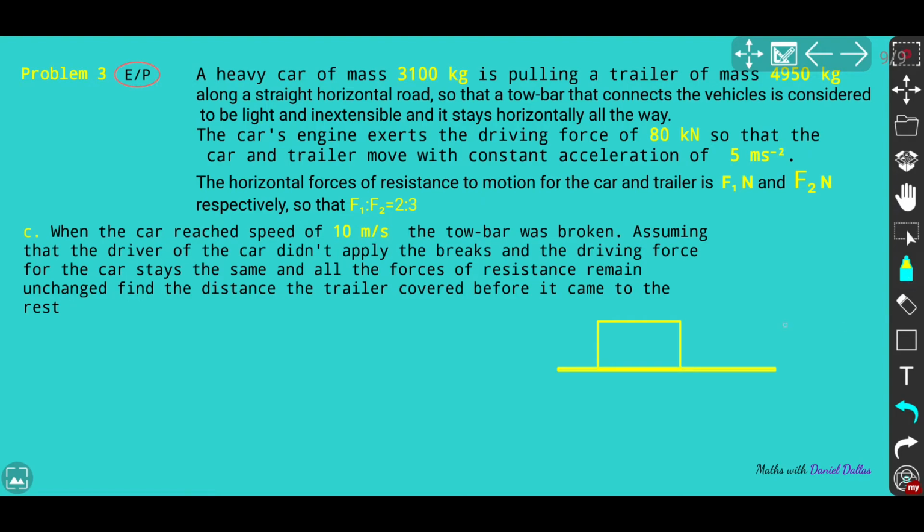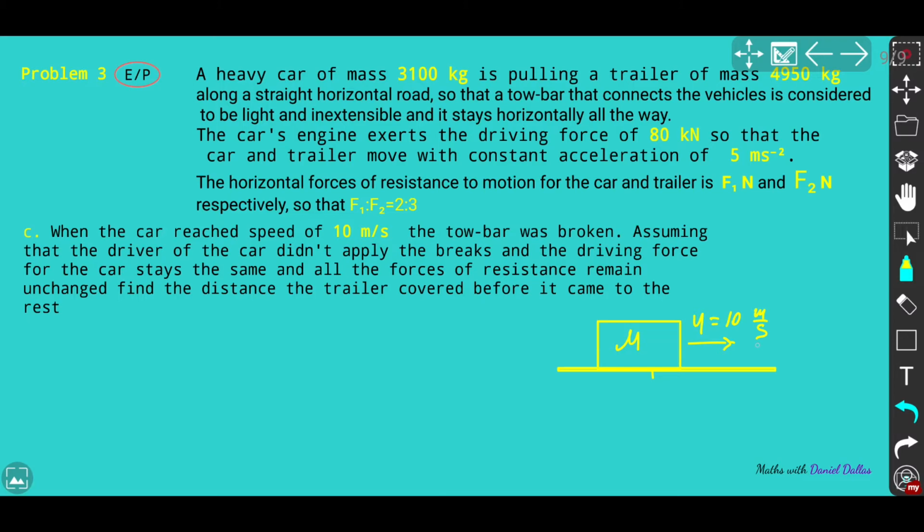So the trailer with capital M is left, and now the starting speed is 10 meters per second. So that's its initial velocity to the right when the trailer keeps moving on its own without any tension force applied.